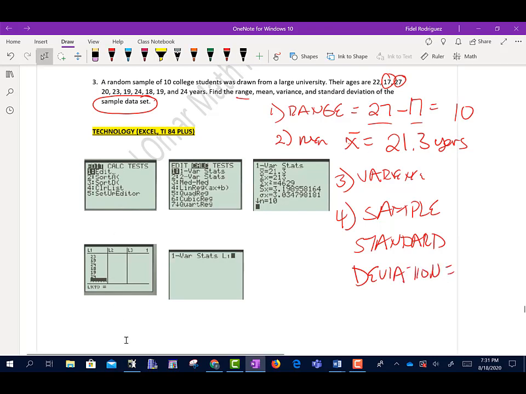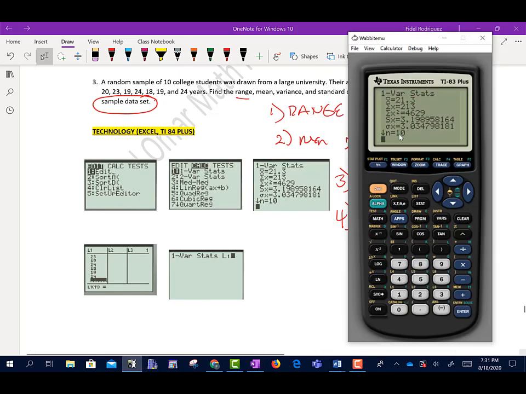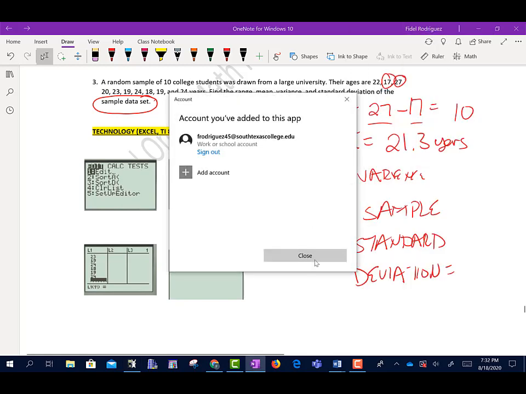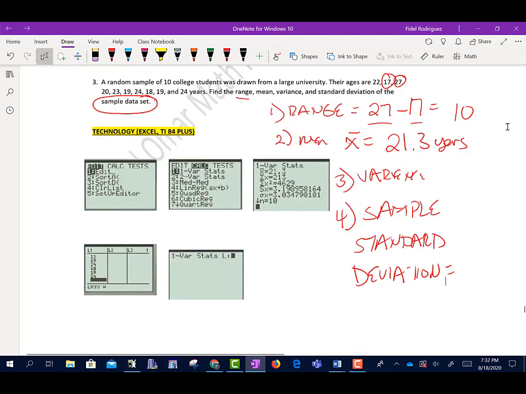So I'm going to grab my calculator again, and I want you to look. If you see right here, do you see how it has that Sx? That is my sample standard deviation. So again, I'm going to go to 3 decimal places. So 3.19, I would have to convert that 8 to a 9. So 3.199. Okay. So this is going to be 3.199.